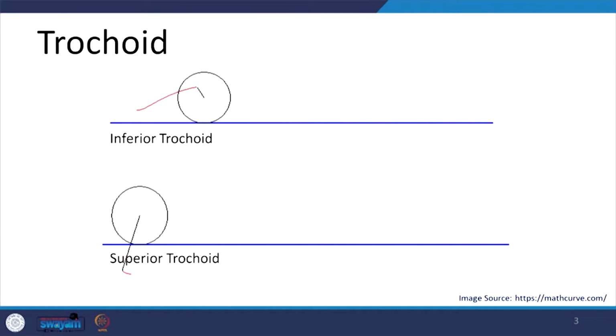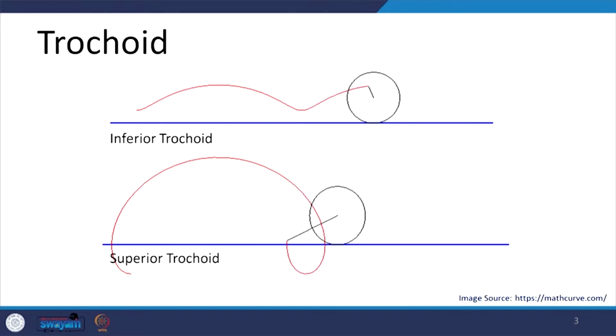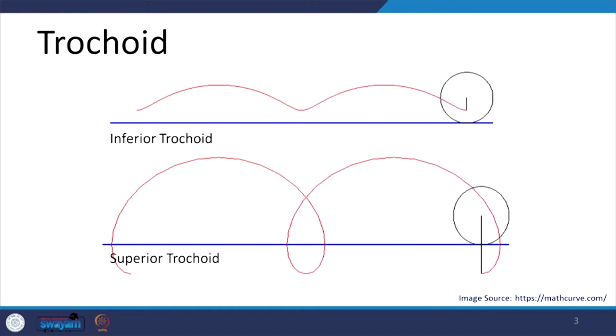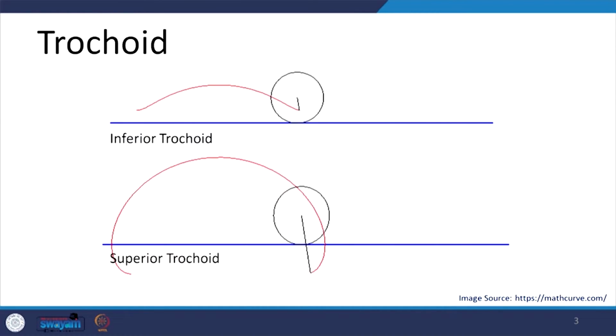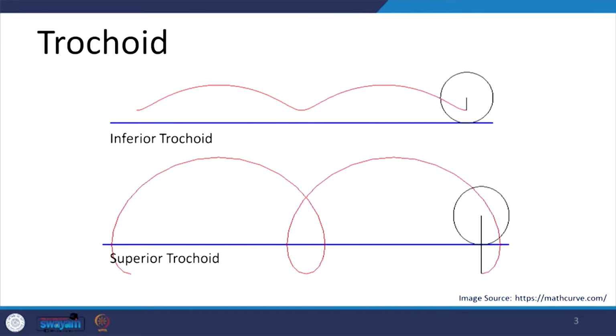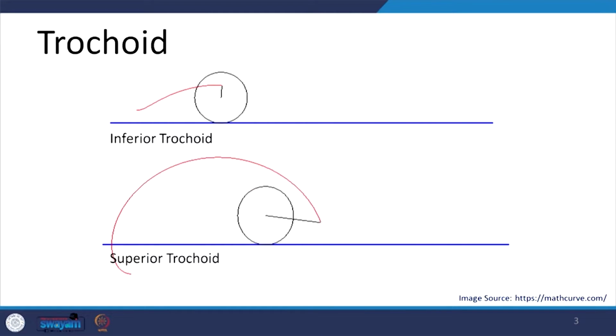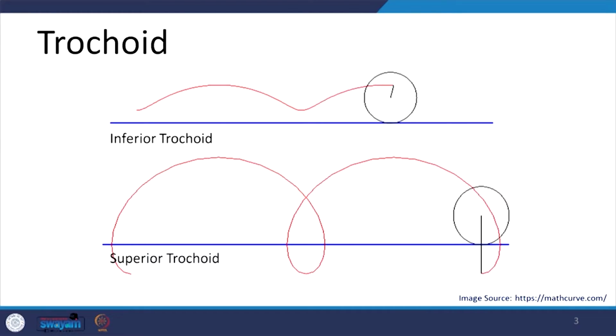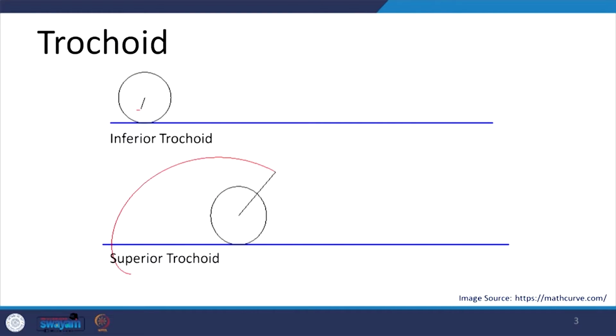It need not be on the circumference. If the point is outside, then the path traced by that point as the circle rolls along the straight line is called a superior trochoid. This is similar to cycloid, but it is by a point which is not on the circumference. The process of construction remains the same.